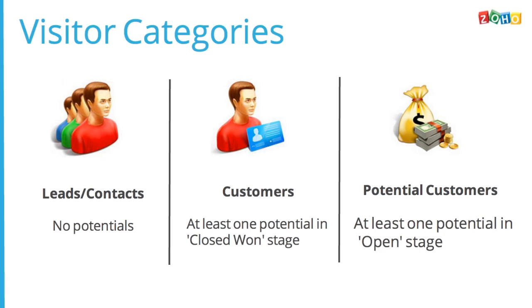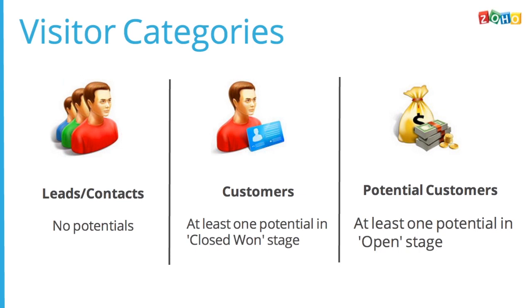Maybe they are just in their trial period and have not yet purchased your product. Customers, on the other hand, have at least one potential in the closed won stage. And potential customers have at least one potential in the open stage, or maybe they are negotiating and are going to buy a product soon.